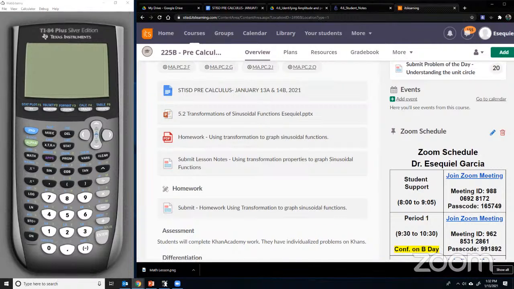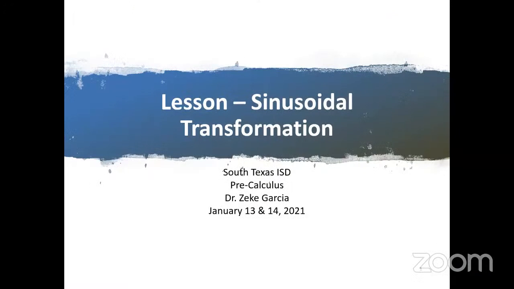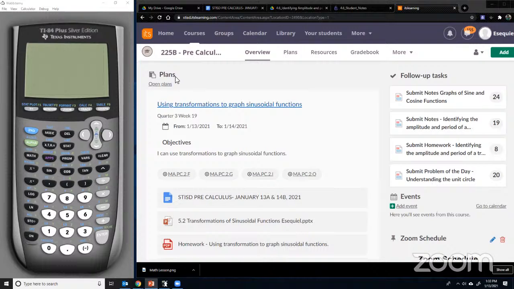Anybody need more time to upload your notes, your assignments? These are the notes that we're going to do. It's right here. Yeah, I showed you where, it says using transformations to graph sinusoidal functions.